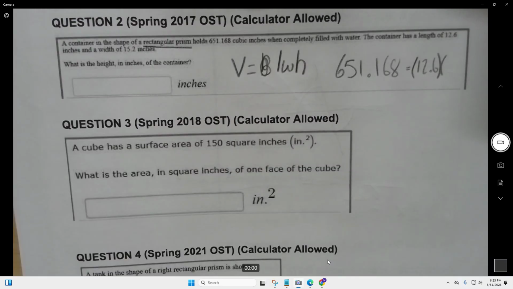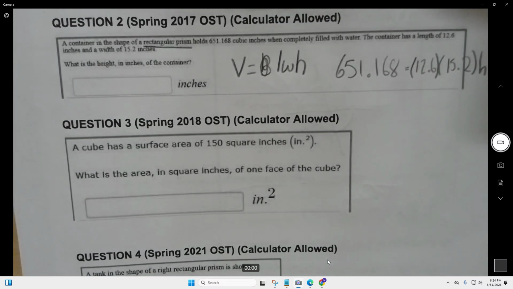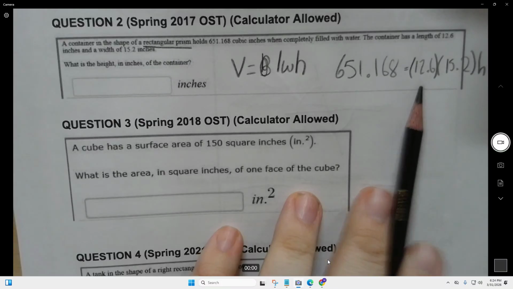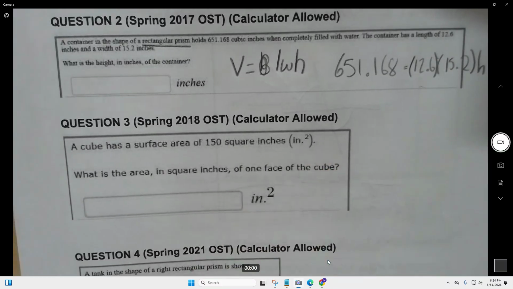The length is 12.6. The width is 15.2, and we don't know the height. So what we can just do is divide by 12.6, and then again by 15.2.